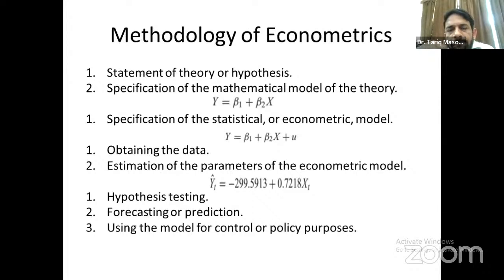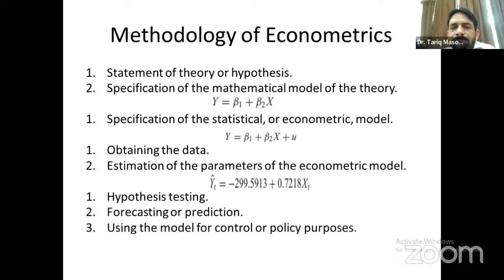Here x is known as the independent variable, it is the cause, and y is the effect, known as the dependent variable. X is also known as a regressor. If there is more than one independent variable, they are known as regressors, and y is known as the regressand.